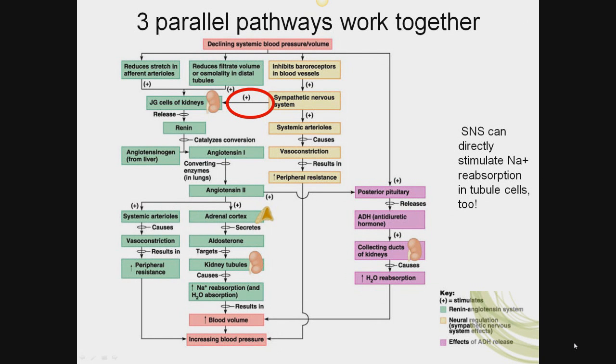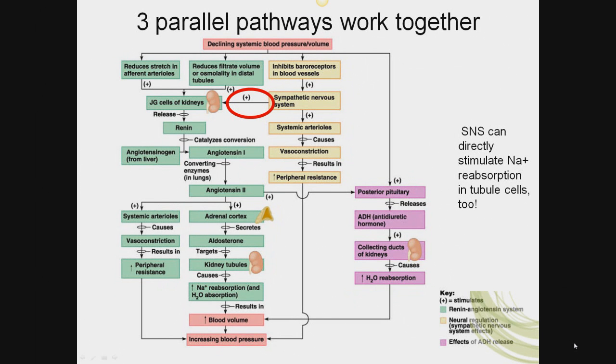But renin and angiotensin 2 is also going to stimulate the sympathetic response. So all of this is working together. That's what I meant by the big red circle around the plus, joining the juxtaglomerular cells of the kidneys to the sympathetic nervous system.